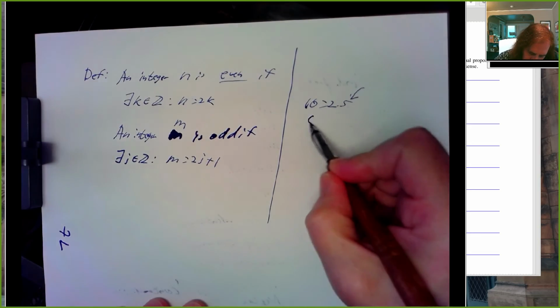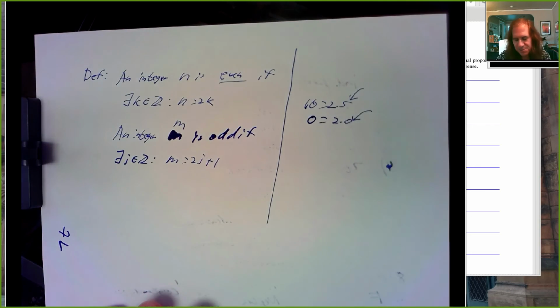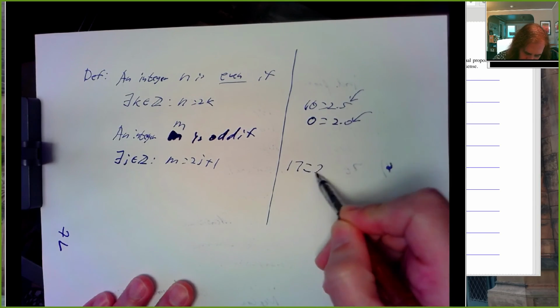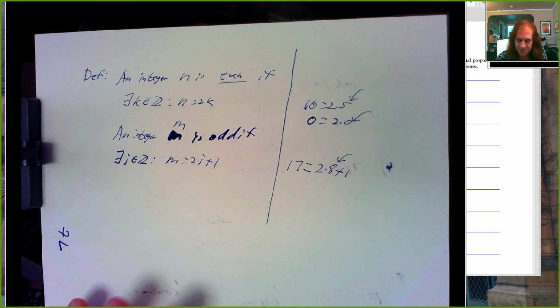The number 0 can be written as 2 times 0. This is an integer, so 0 is even. The number 17 can be written as 2 times 8 plus 1, where this is an integer, so 17 is odd.